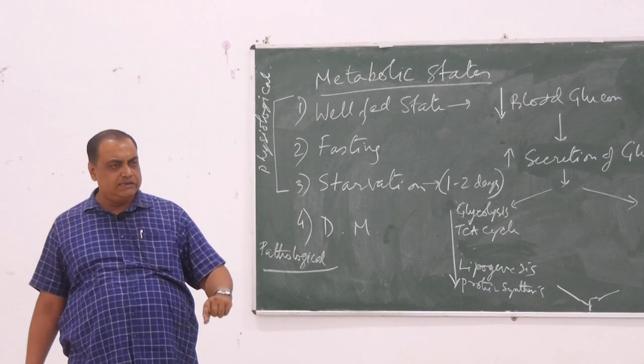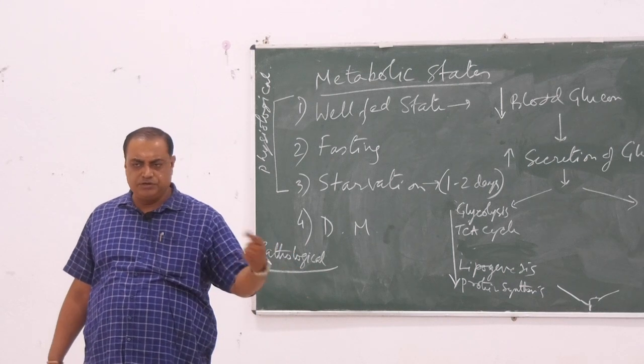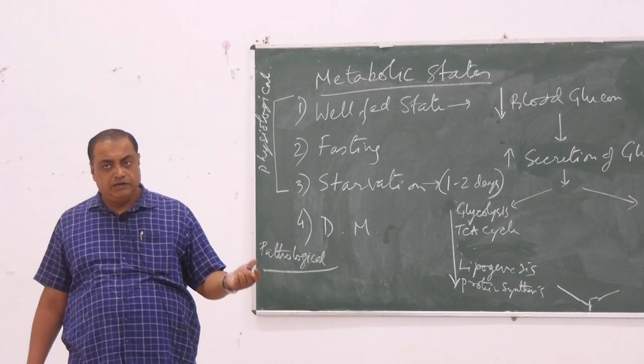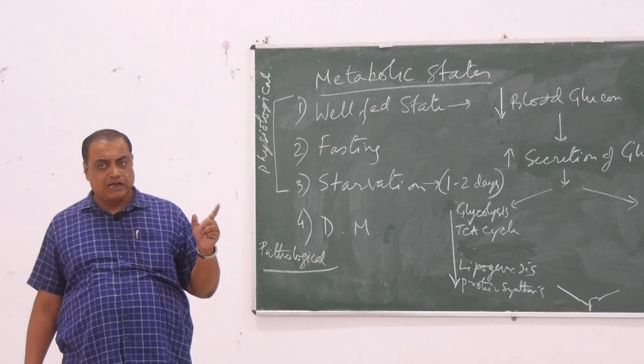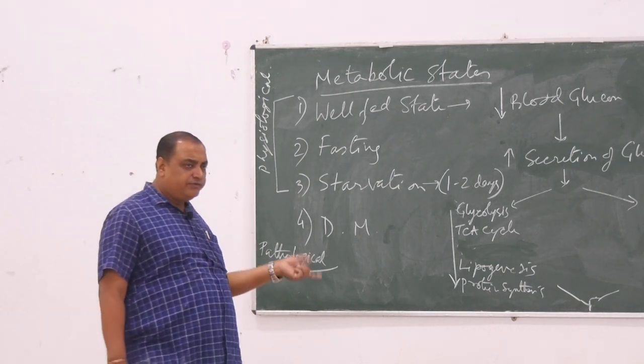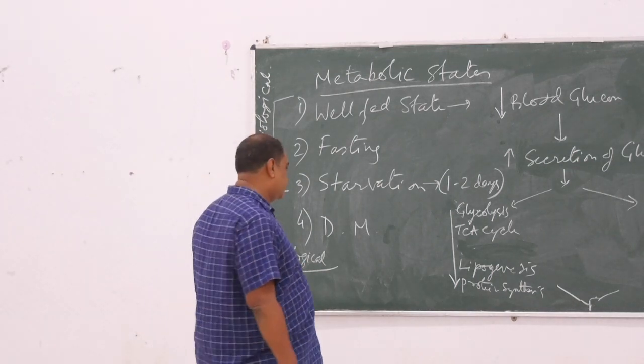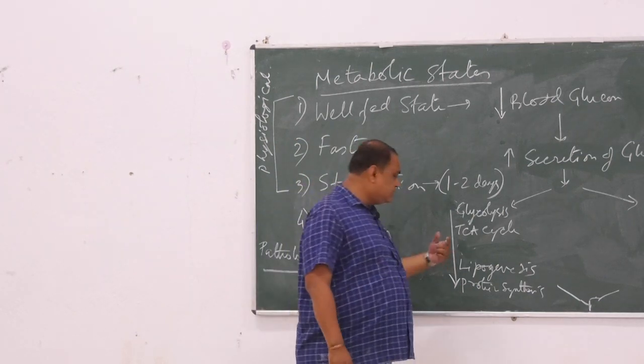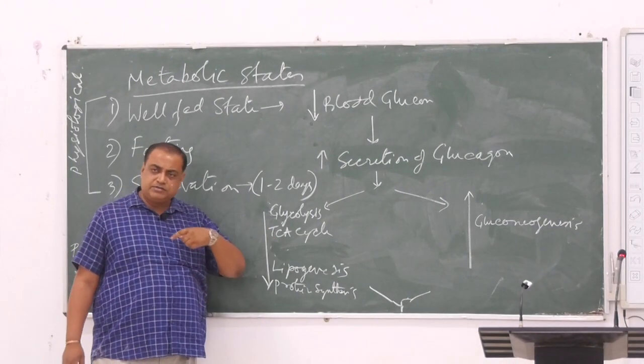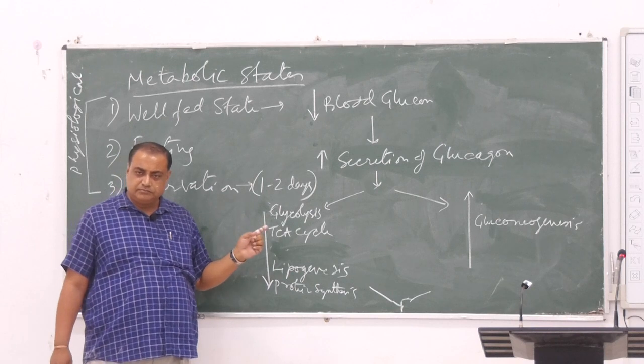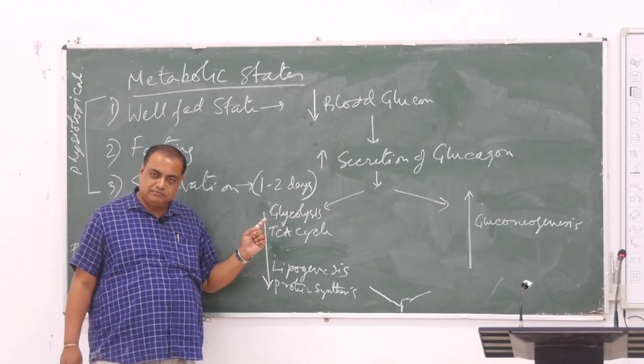Gluconeogenesis, lipolysis, lipogenesis, proteolysis, protein synthesis, all will be there except glycogen. In starvation, there is no effect of glycogen on our blood glucose because glycogen is already depleted. The story is over. Khatam. Tata. Bye bye.